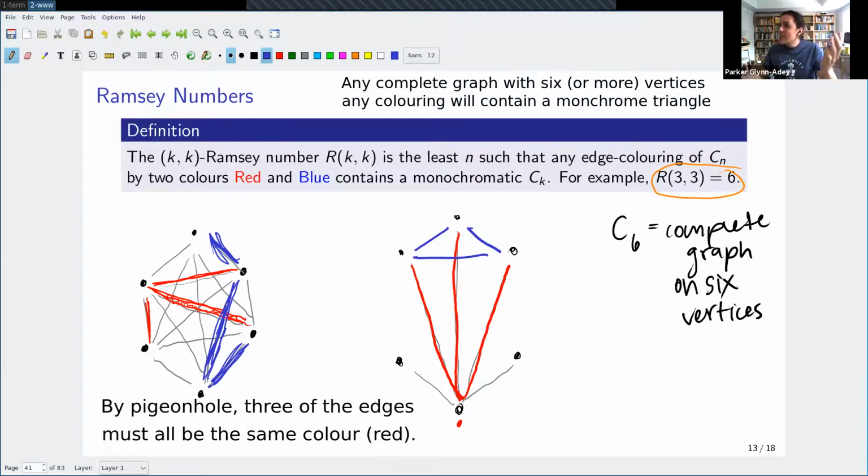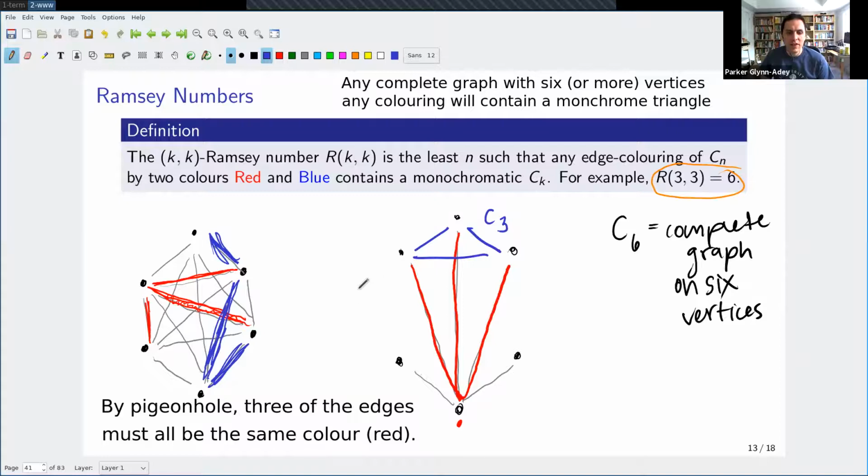If none of those things happen, they all have to be blue, and there's a blue C3. Right, so any coloring of this graph will produce, either way we get a triangle. Yeah, nice. Super duper lovely kind of math 102, math 202 kind of argument. Absolutely beautiful.